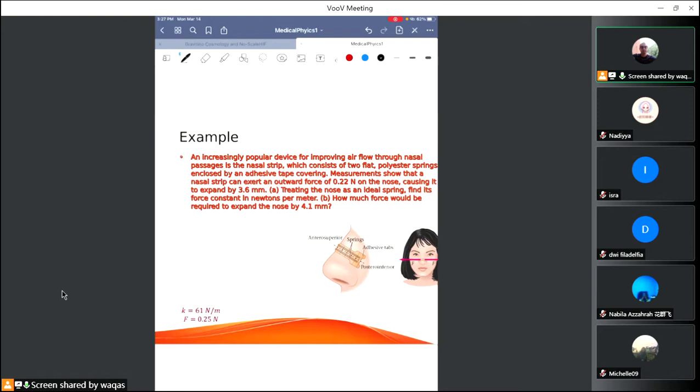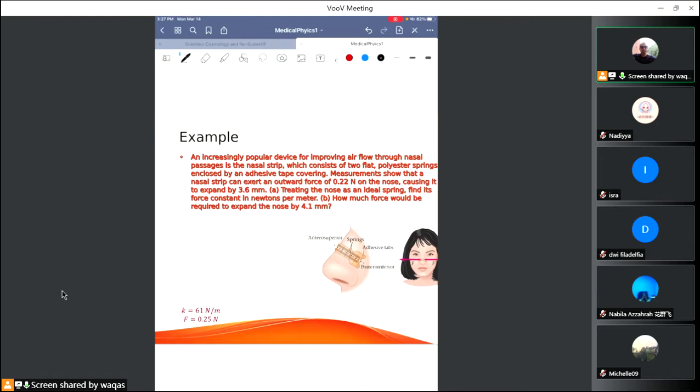An increasingly popular device for improving airflow through the nasal passage is the nasal strip, which consists of two flat polyester springs, and it is a band on over the nose. Measurement showed that the nasal strip exerts an outward force of 0.22 Newton on the nose.